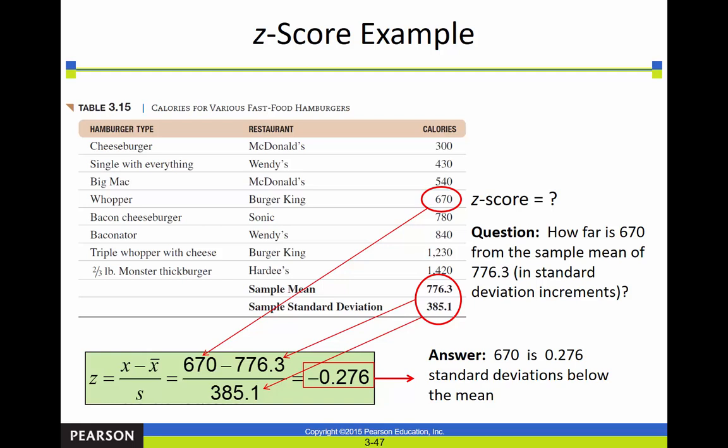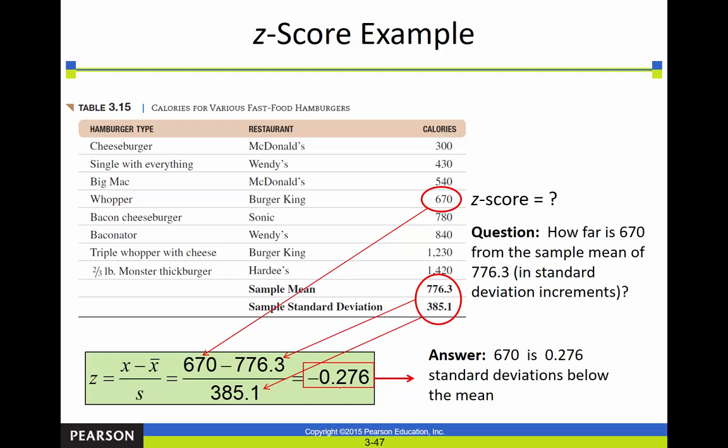And then if we know that, we can also calculate the sample standard deviation, and they already did that for us, 385.1. So then if we want to choose a particular value of x, in this case, they're choosing the Whopper, so 670 calories minus the mean of 776.3 divided by the standard deviation.